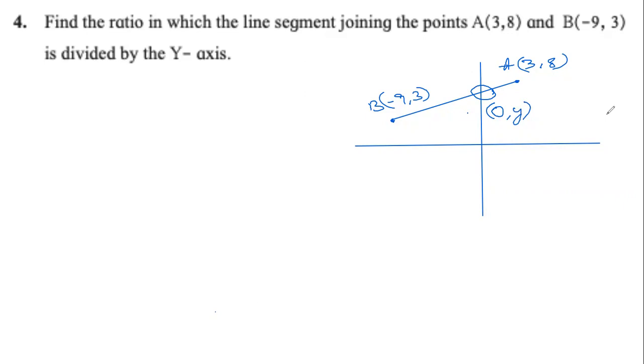And we know the section formula, where x equals (mx2 plus nx1) by (m plus n). We don't know m and n. We have to find m and n.